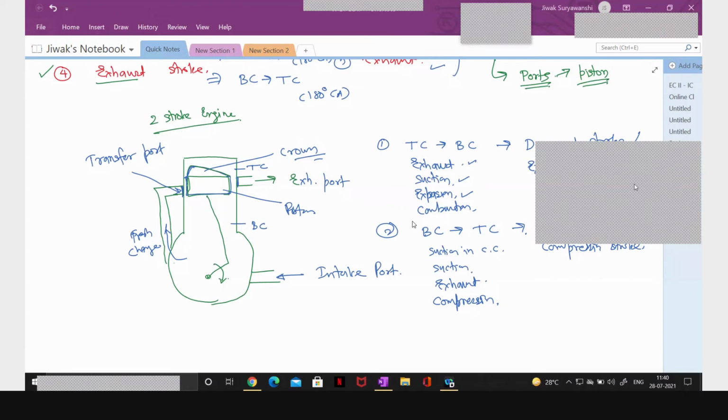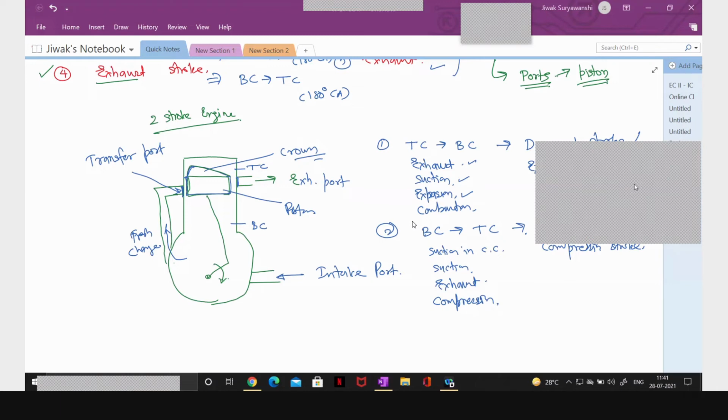Yeah, that is possible. In some cases we do use valves also, but we are not going into detail of all those things.